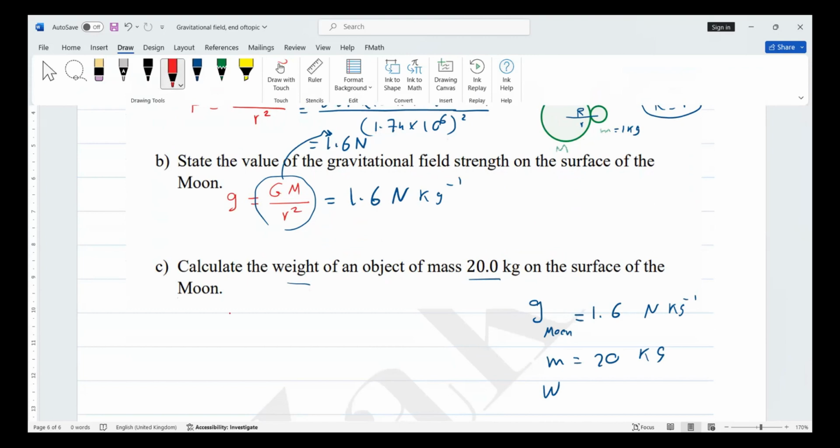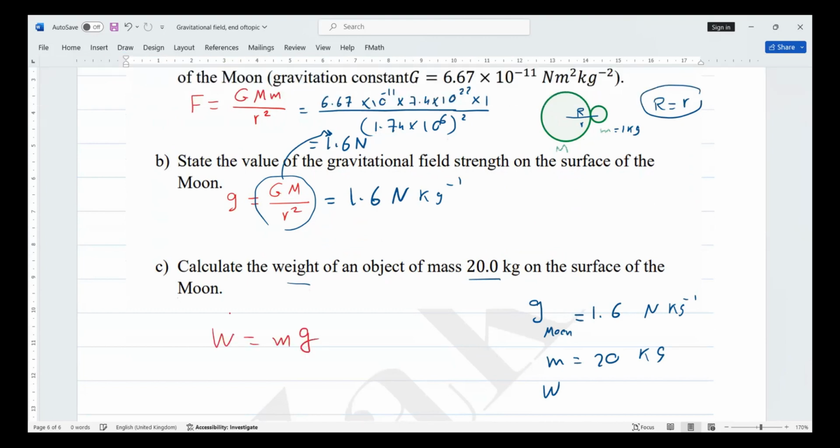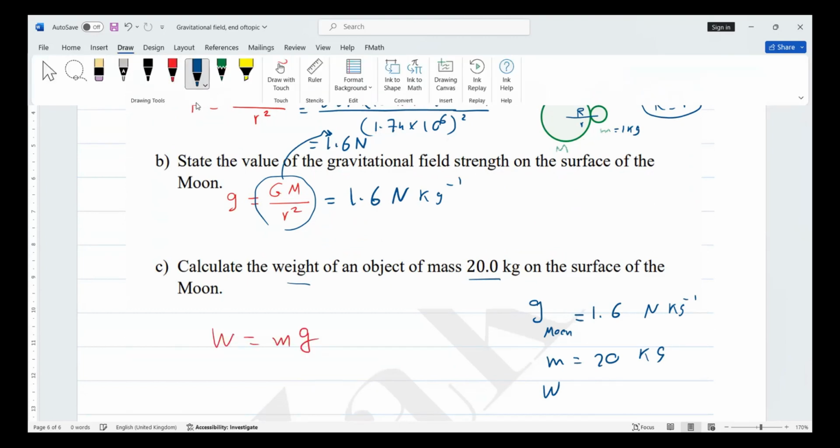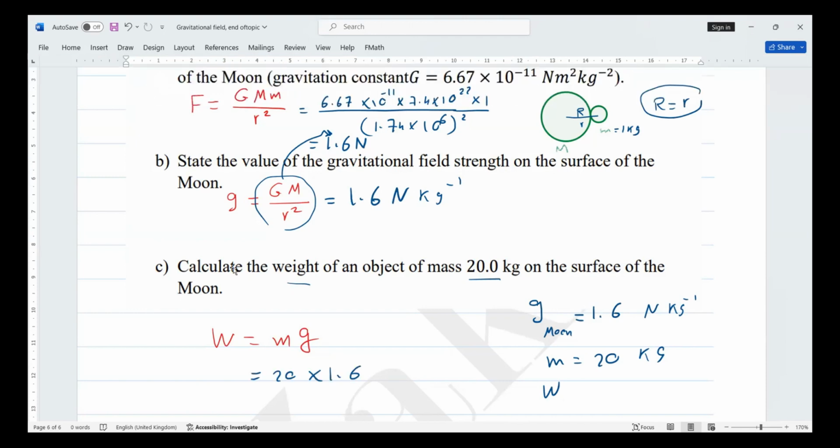The weight equals mg. Here, m is the mass, which is 20, and g on the surface of the moon is 1.6. So the answer is 20 multiply 1.6, which is approximately 32.